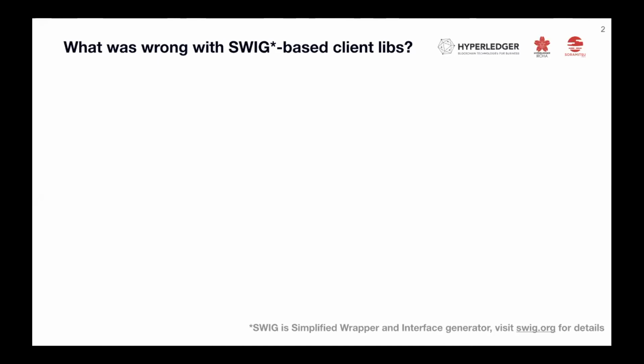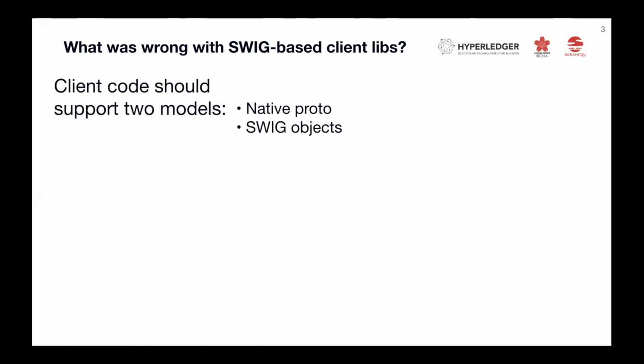But SWIG is probably the only solution if you want to have different languages at the same time. So it looked like a very good solution because we only need to develop a single C++ library, and then write some SWIG code, and it looked like it should work fine, but I'll tell you the whole story.